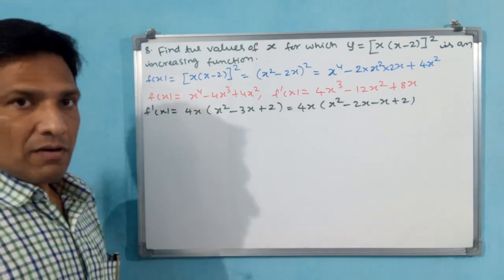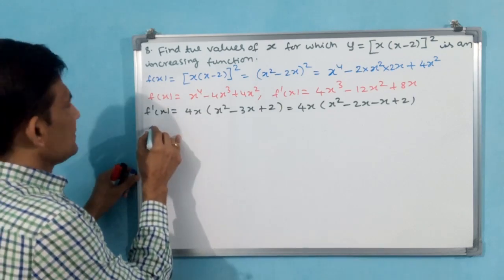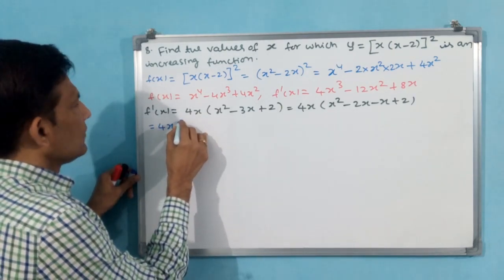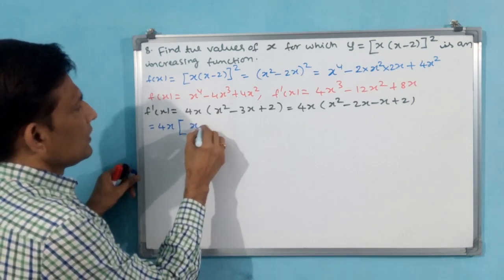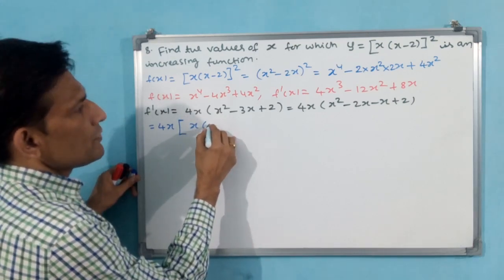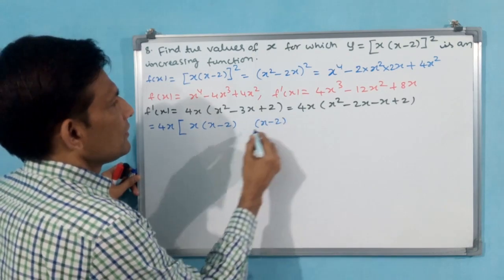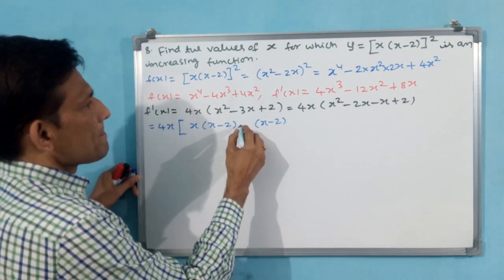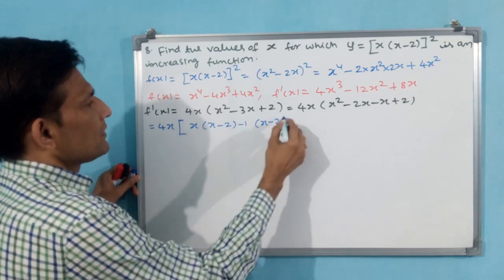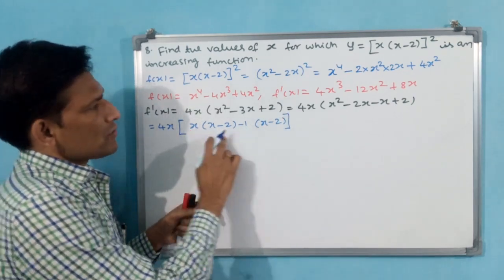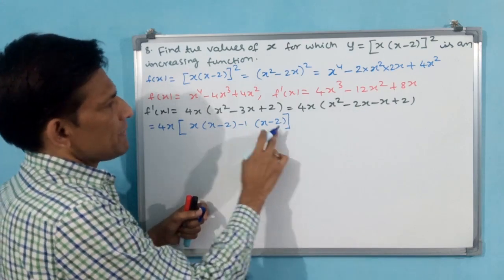Why I can take common like this: 4x into x into x minus 2, minus 1, that is x square minus 2x minus x plus 2.